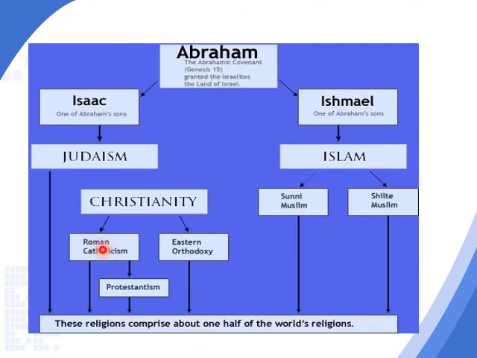And from Roman Catholicism, we have Protestantism. From Ishmael on the right, we have Islam, which is subdivided in Sunni Muslim and Shiite Muslim. Also, these religions comprise about 1/2 of the world's religions.